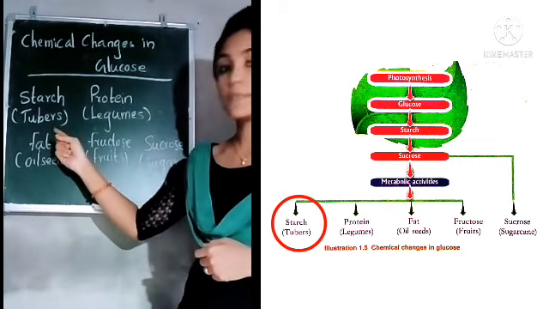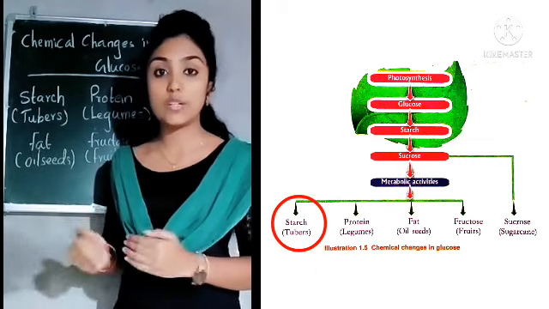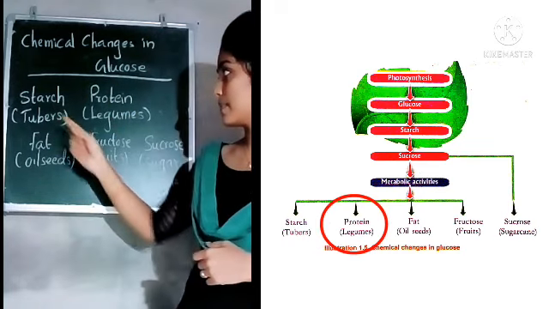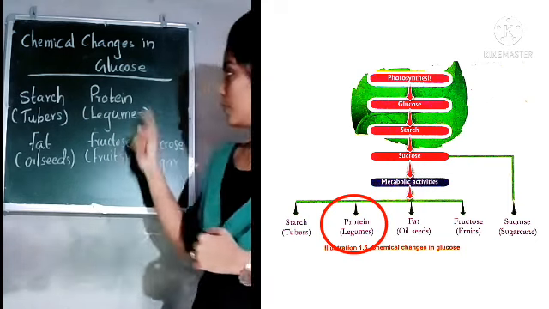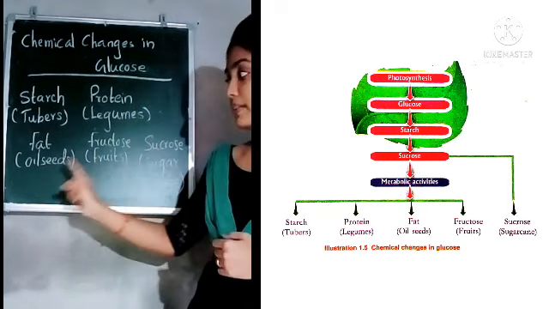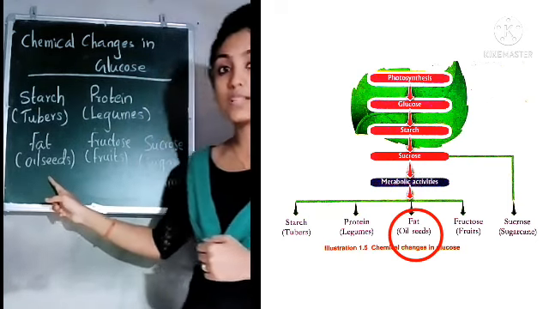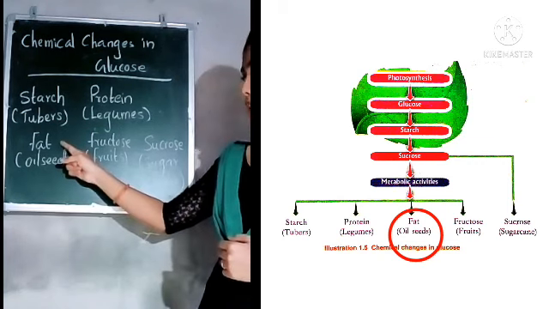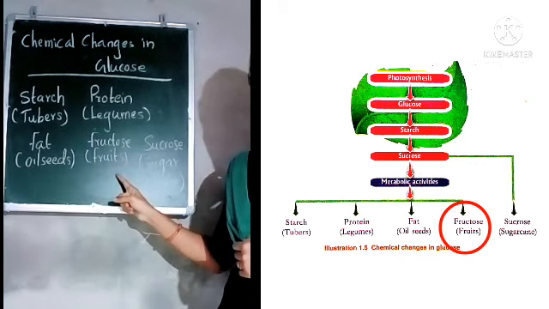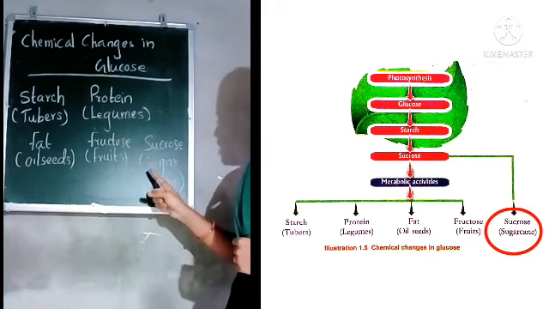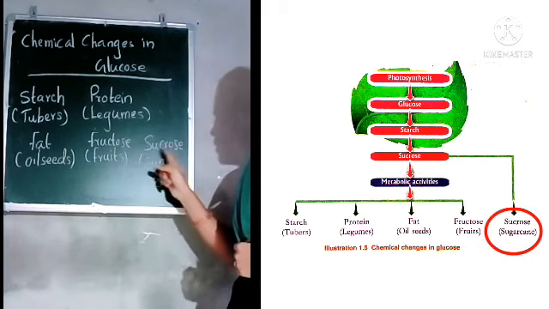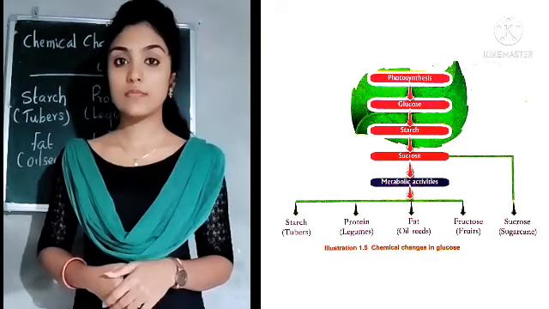In tubers, the glucose is stored in the form of starch. In legumes, the glucose is stored in the form of protein. But in oil seeds, the glucose is stored in the form of fat. In fruits, glucose is stored in the form of fructose. And in sugarcane, it is stored in the form of sucrose.